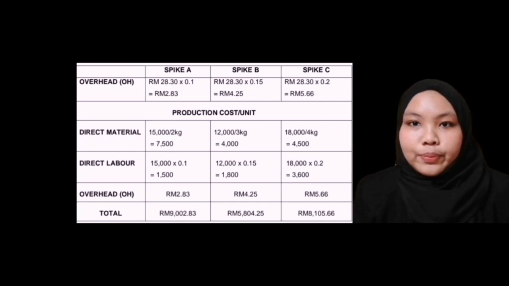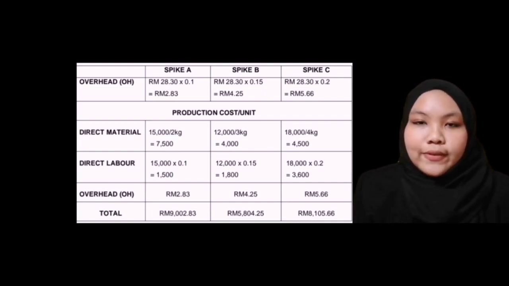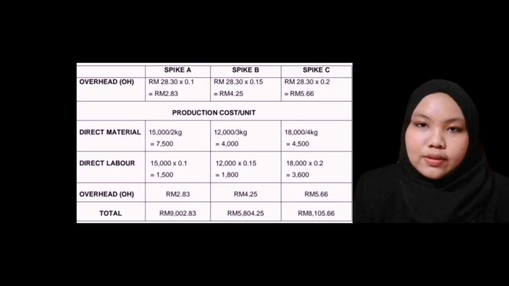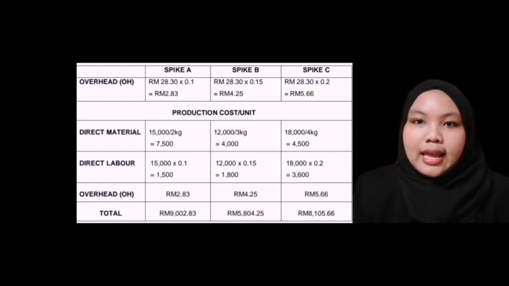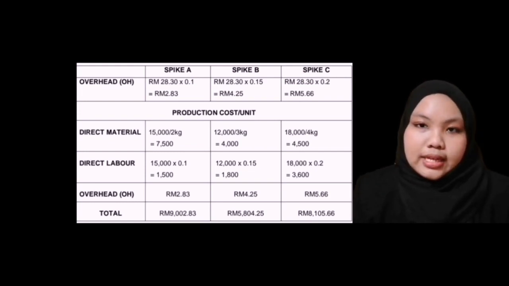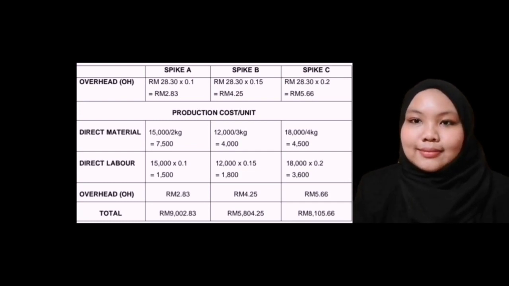So for Spike A, 15,000 over 2 kilogram, the answer is 7,500 ringgit. For Spike B, 12,000 over 3 kilogram, the answer is 4,000 ringgit. And for Spike C, 18,000 over 4 kilogram, the answer is 4,500 ringgit.